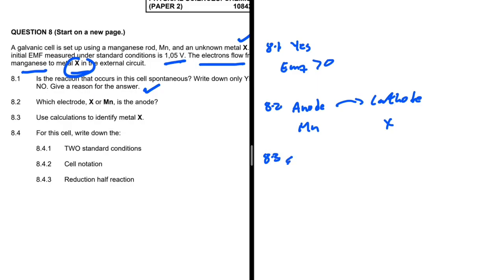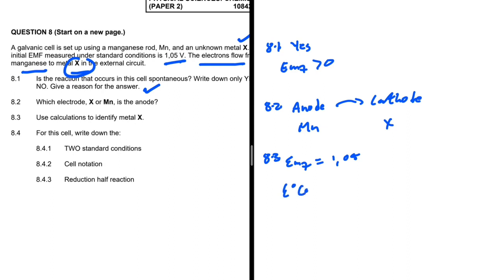8.3, use calculations to identify metal X. So we are given the initial EMF, which is said to be 1.05. Using our table of standard reduction potentials, we can find the potential at the anode and at the cathode.